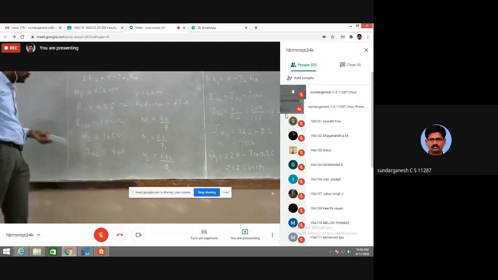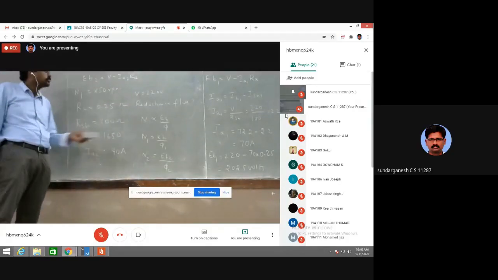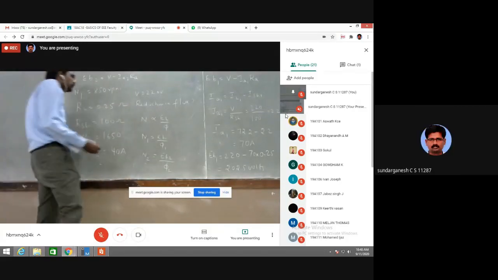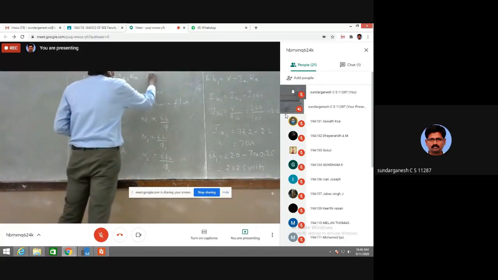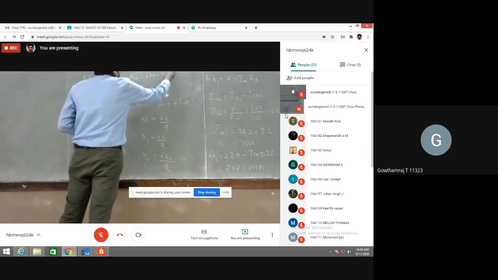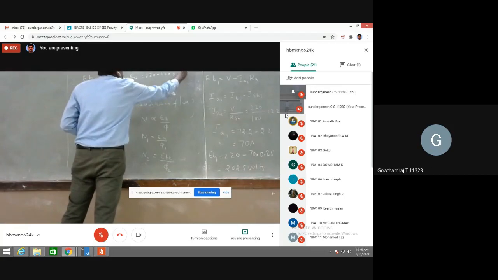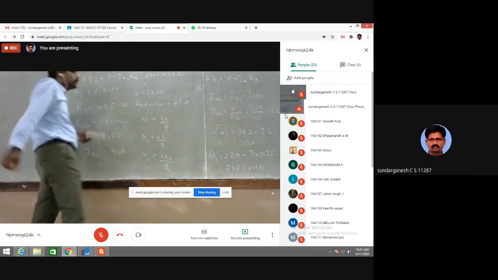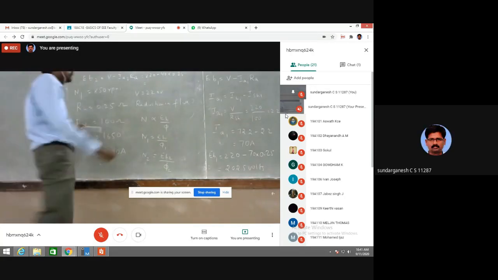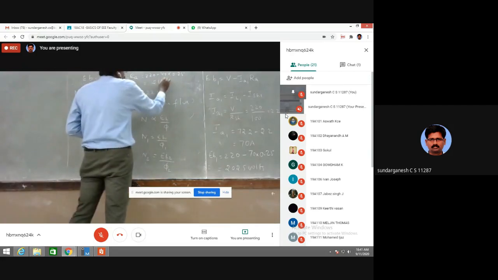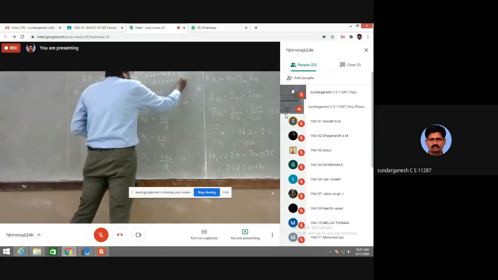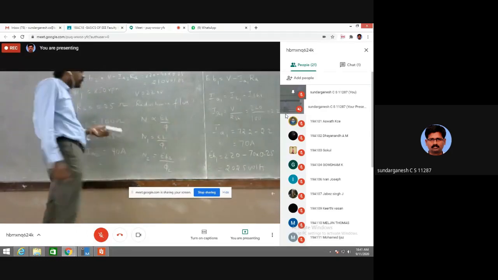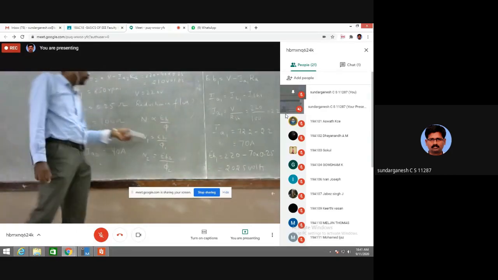IA2 they have given as 40 amps. So you can directly substitute 220 minus 40 into 0.25, which is equal to 210 volts. Okay, so now I have found EB1 and EB2.